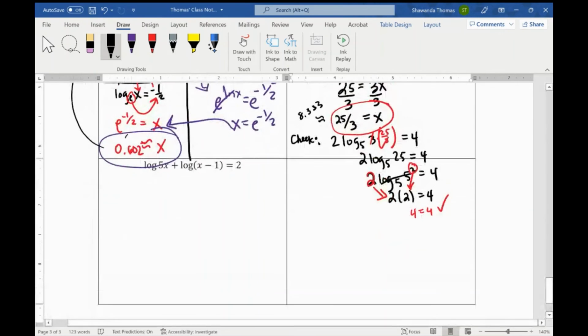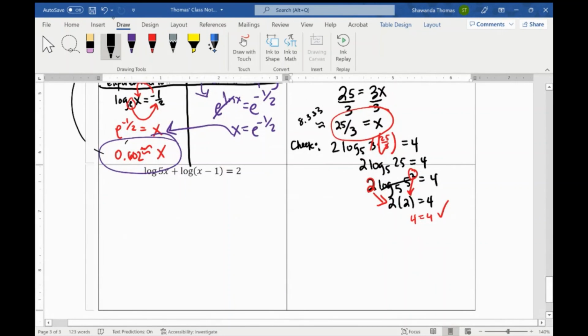Let's go to the last problem for this lesson. Log of 5x plus log of x minus 1 equals 2. Can't use the one property right off because we have 2 logs on the left side. But we can use the property that will allow us to multiply, right?